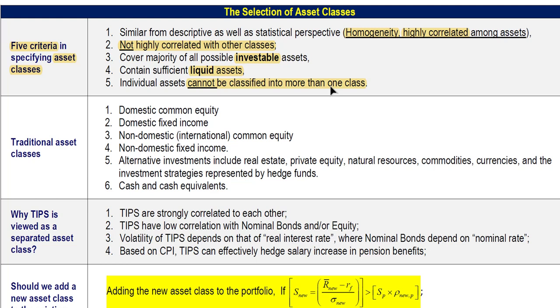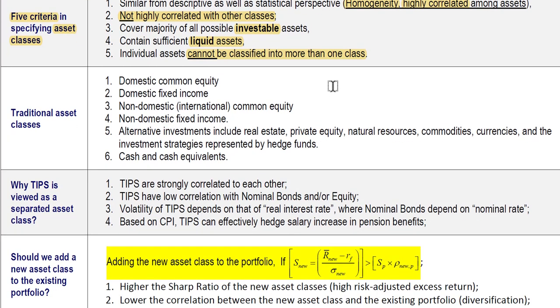I want you to pay attention first to TIPS. TIPS is a very unique asset class. They actually satisfy those criteria for a very unique independent asset class. TIPS is a Treasury Inflation Protected Security.